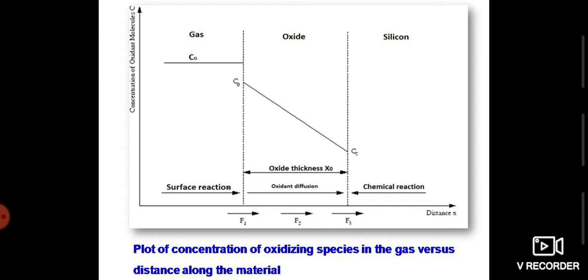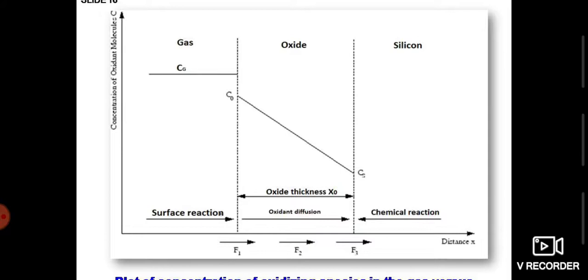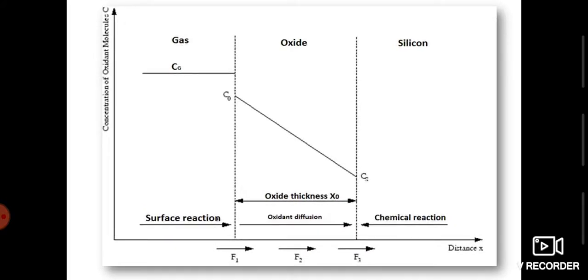Starting from the left side of the graphical plot, first you can see the gas region, that is the oxidizing species inside the gas region. The middle region is the oxide region, that is the SiO2 layer forming over the silicon substrate.